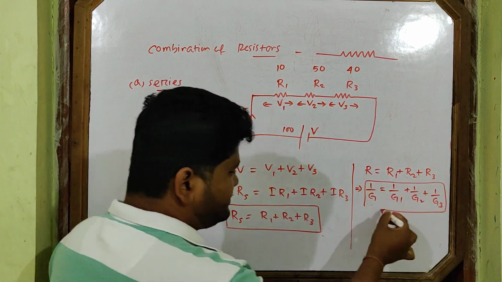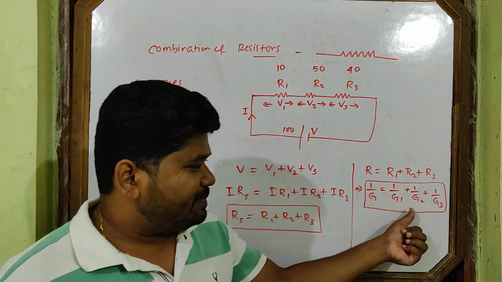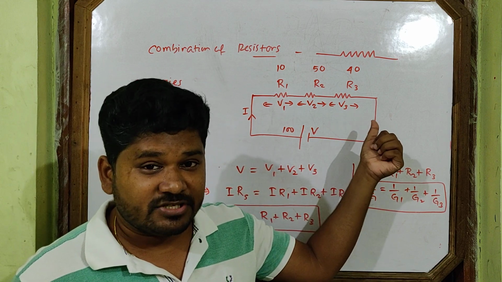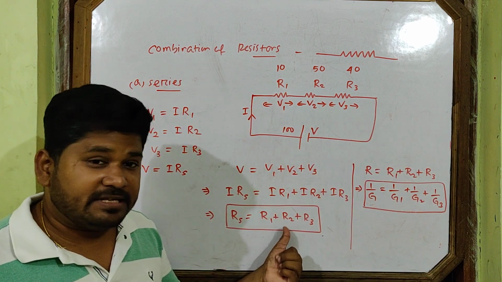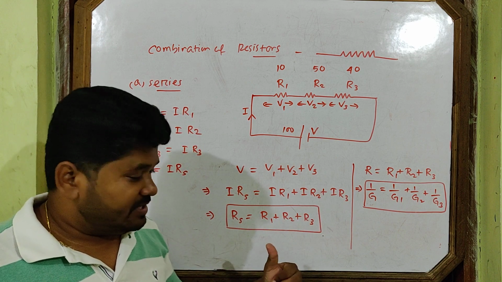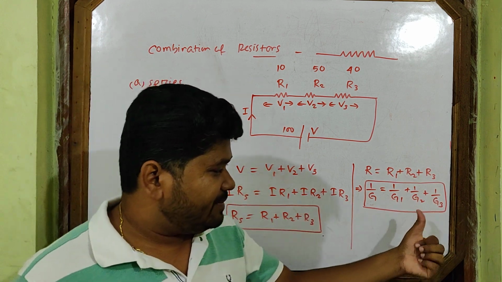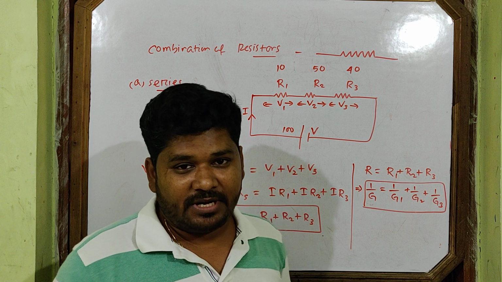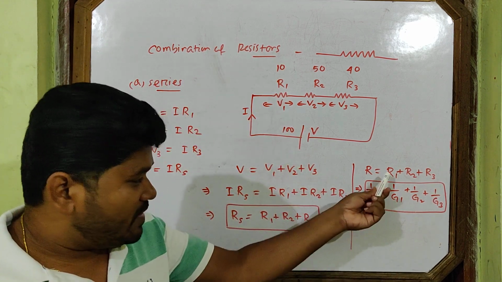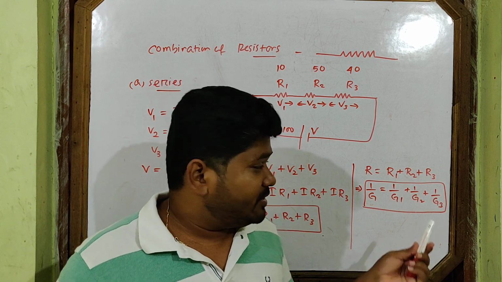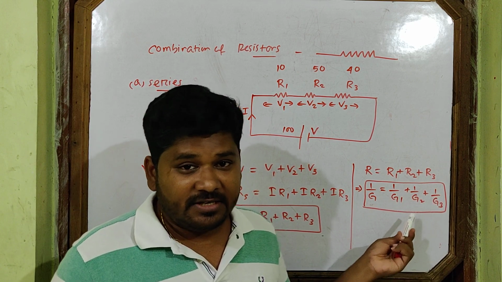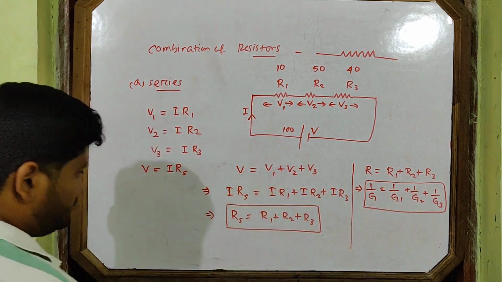The addition of reciprocals. This is the effective conductance formula when the resistors are connected in series. And this is the effective resistance formula in series combination of resistors. If the question asks to derive this one, you have to go only one step more. Remember this one. Sometimes if effective conductance is asked, you have to go one step more.